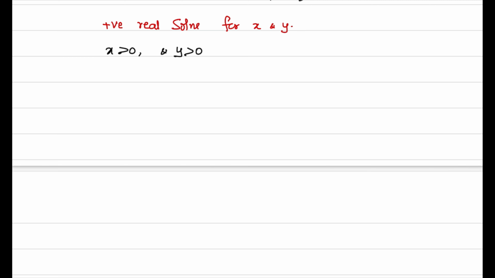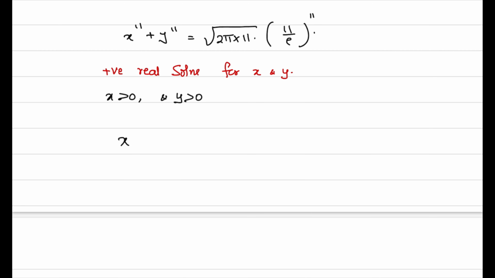How to find out the upper limit of x and y? x to the power of 11 is equal to square root of 2 pi into 11 into 11 by e to the power of 11 minus y to the power of 11.